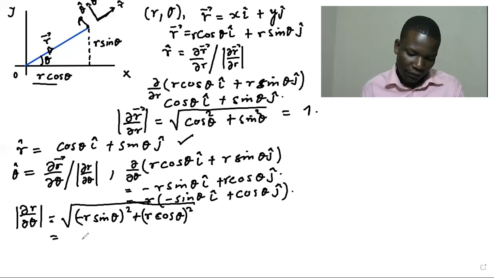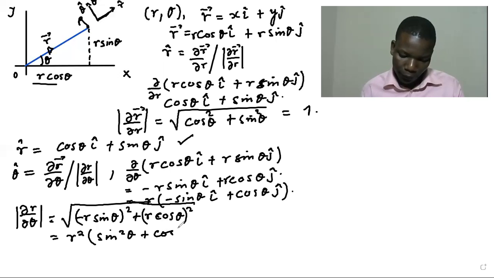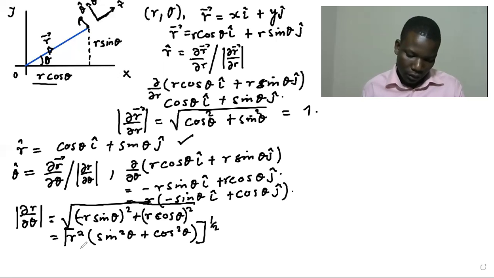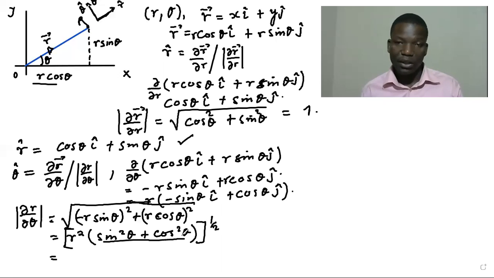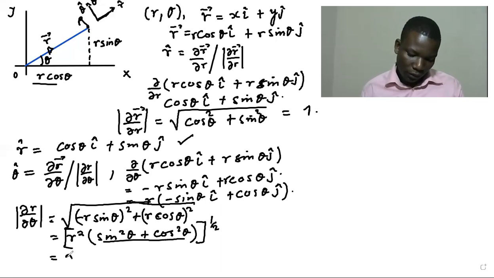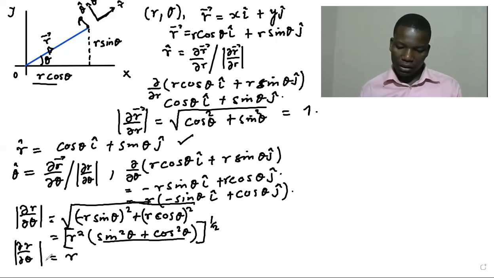So this gives us r squared times sin squared theta plus cos squared theta, all raised to one half. This part is actually 1, and then what we have is r. So the magnitude is r.